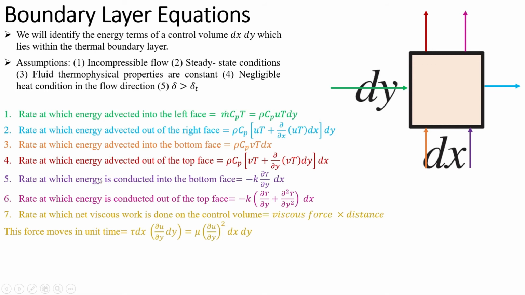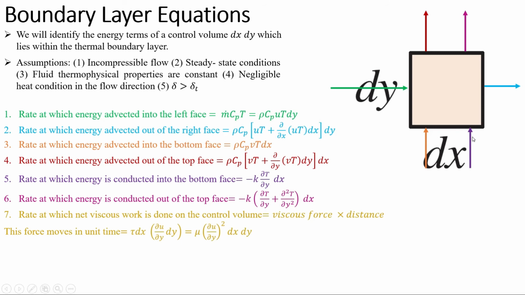Now we have assumed that heat transfer due to conduction is negligible in flow direction, and fluid is flowing only in x direction. So we will take conduction in y direction.